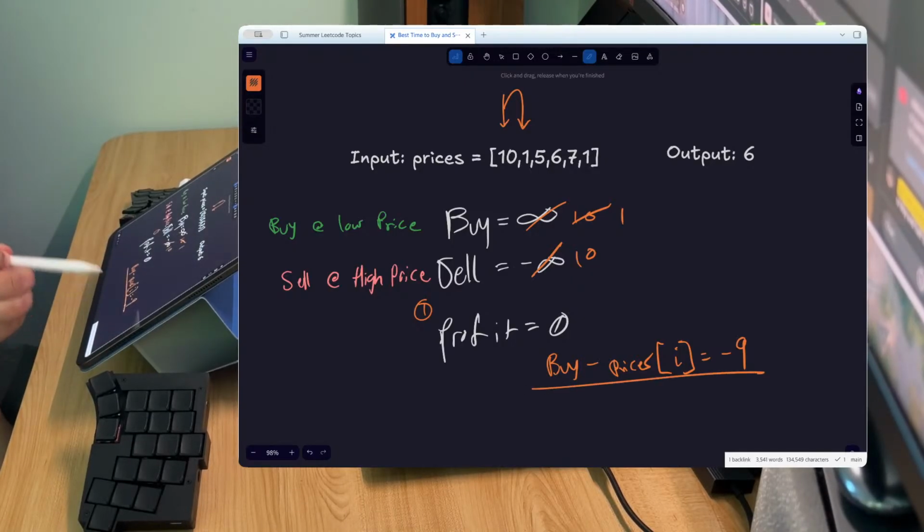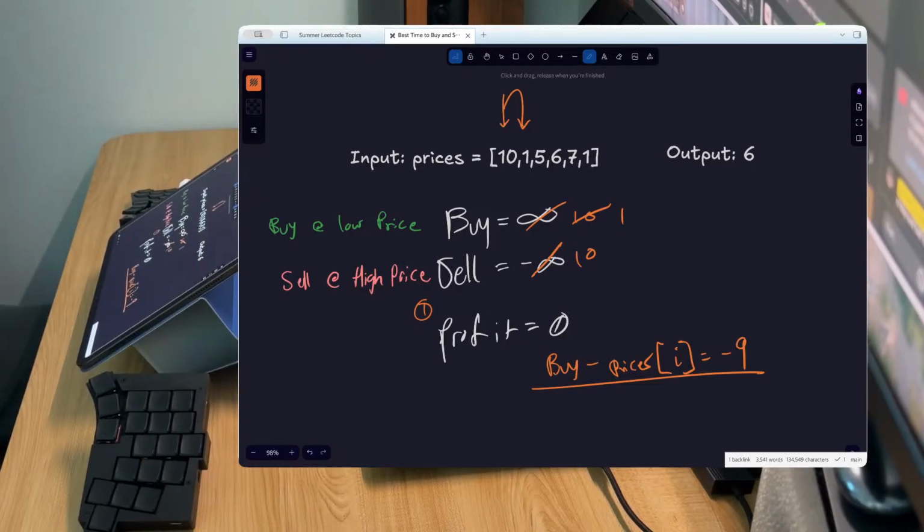Yeah, because this equation tells us if we buy, but it's just checking the day after. How do we check a future date? Well, buy would be our lowest price, right?